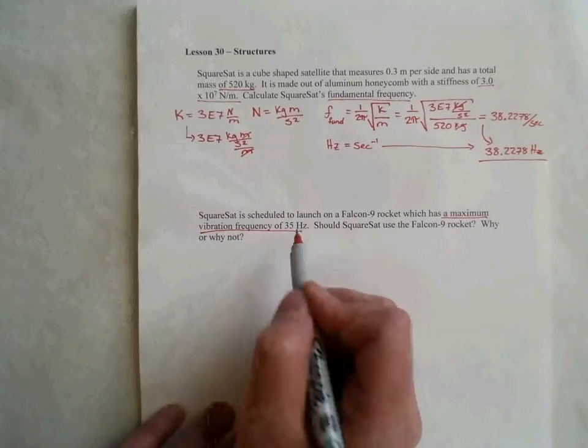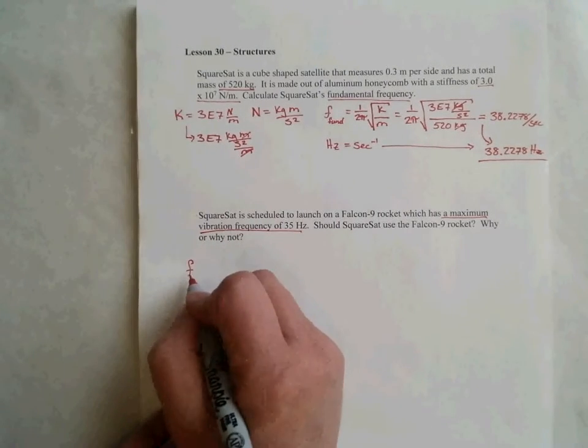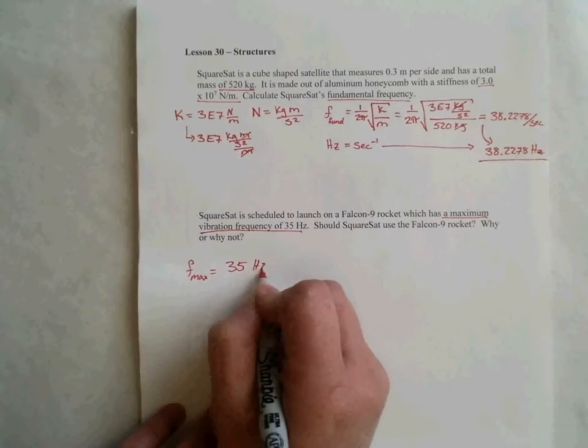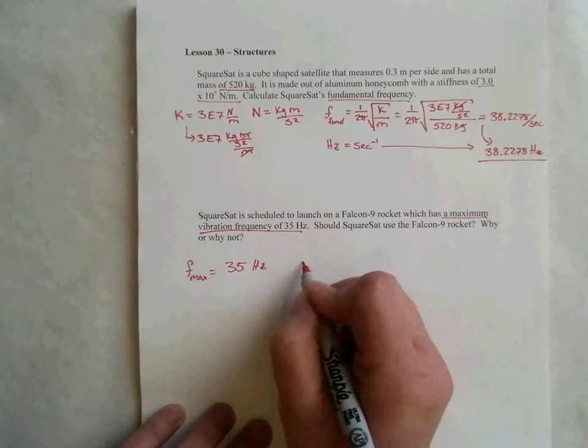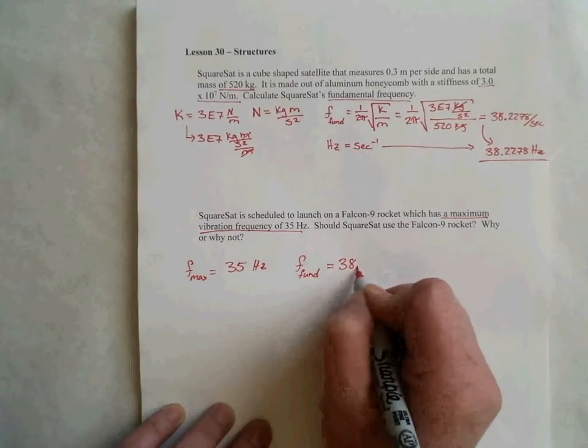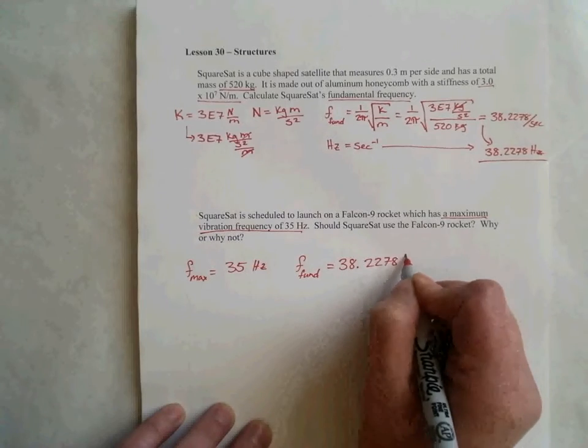So the launch vehicle has an Fmax of 35 hertz. The SquareSat has a fundamental frequency of 38.2278 hertz.